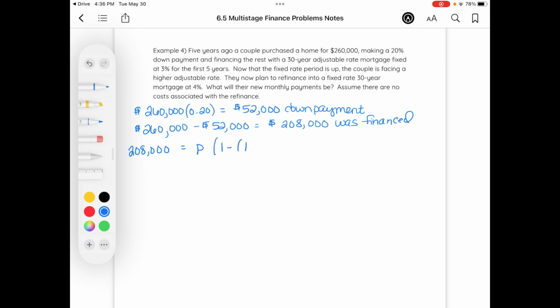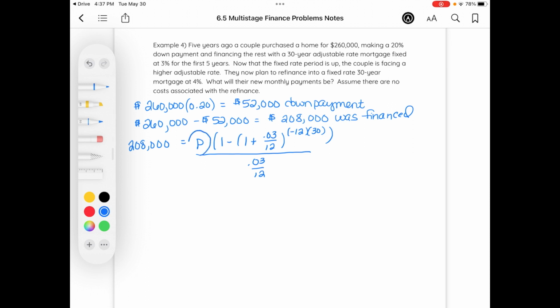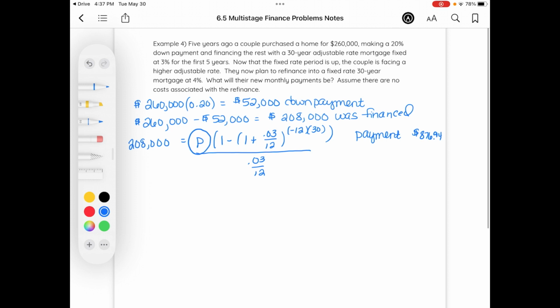So 1 minus 1 plus my interest rate of 3%, 12 payments per year to the power of negative 12 payments times 30 years divided by 3% over 12 months. I'm going to let you solve for P independently. That's just some algebra. The payment then is $876.94 per month.